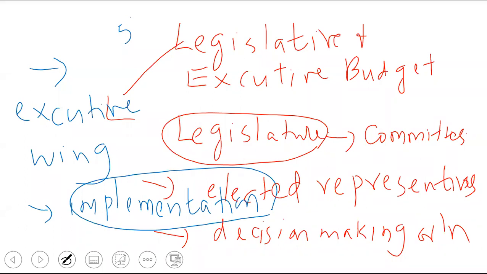That is why there are two types of budget. One is prepared by the legislature, the other by the executive, but finally implementation is done by the executive committee. And remember, the US never follows the secretive type of budget. What is the US system? A month earlier they make the budget and put it on the government website.